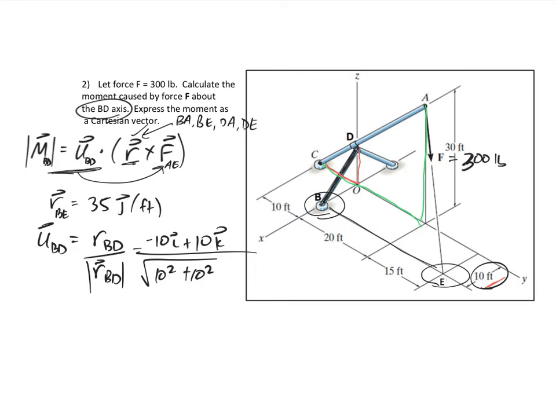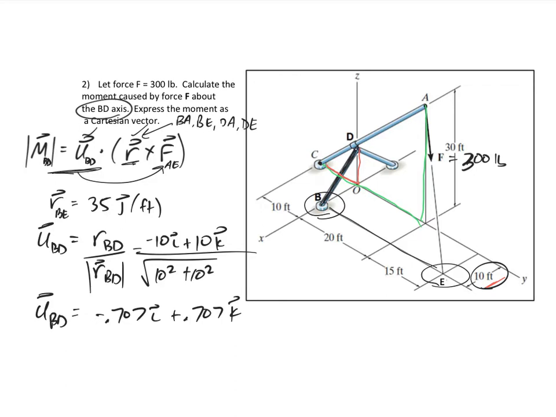So then the U is negative 0.707I plus 0.707K. That does not have units. U is a unit vector. It's unitless. I took an R and divided by the R, so there are no units for that one.